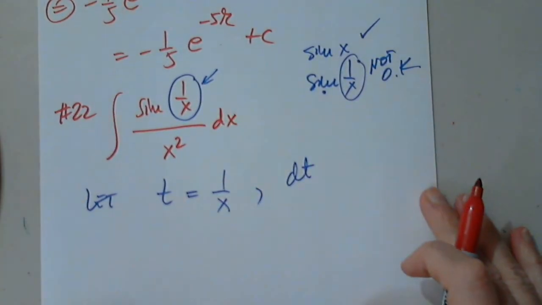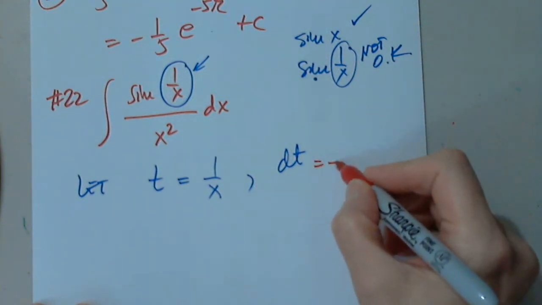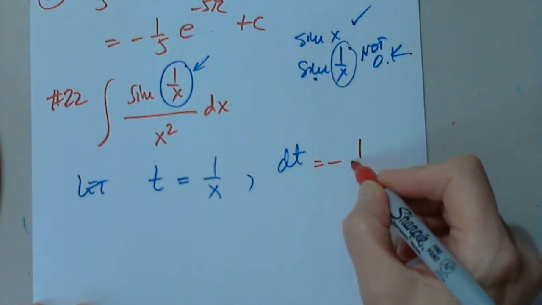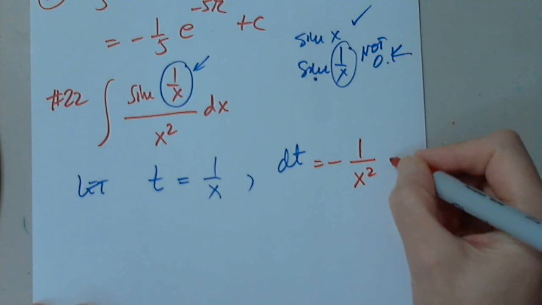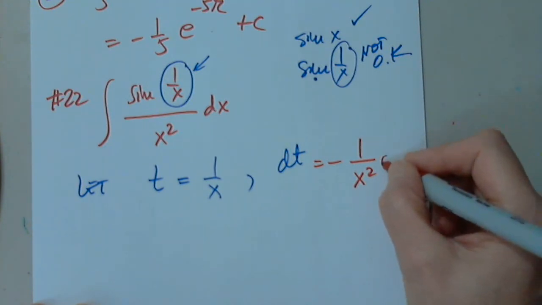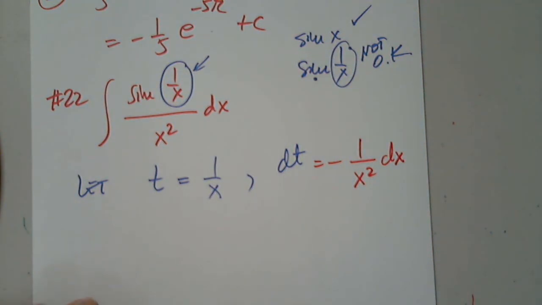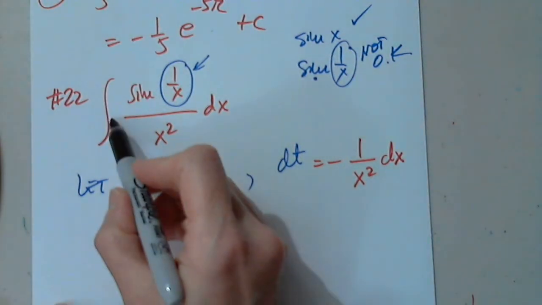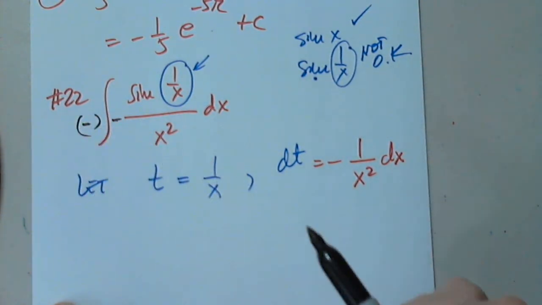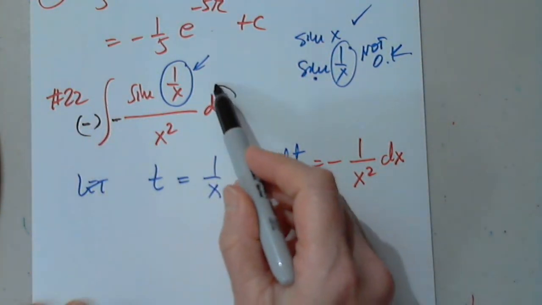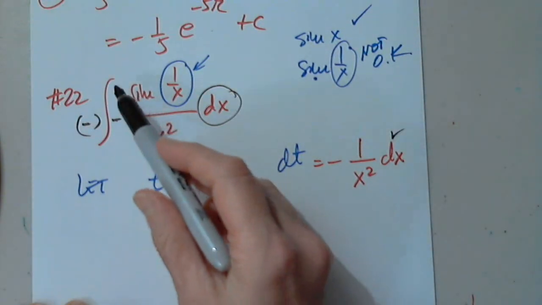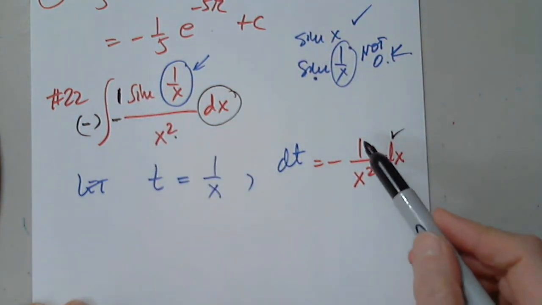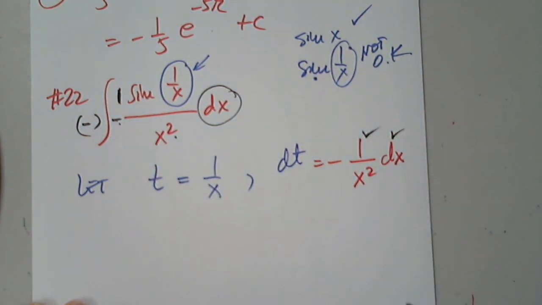Anyone? Negative 1 over x squared dx. Awesome. So let's see, do we have this here? Of course. Here it is. Dx 1 over x squared and the negative.